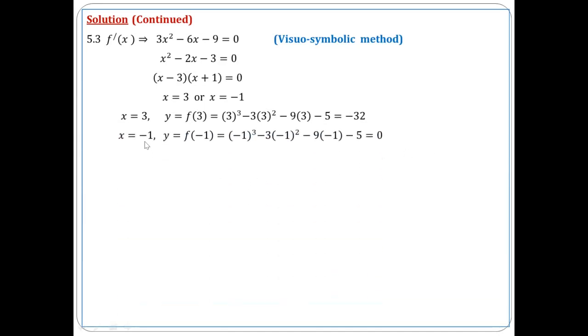And when x is equal to minus 1, y will be equal to minus 1 cubed minus 3 times minus 1 squared minus 9 times minus 1 minus 5, which is equal to 0. Actually, we had this one previously. So the coordinates of our turning points are 3, minus 32 and minus 1, 0.